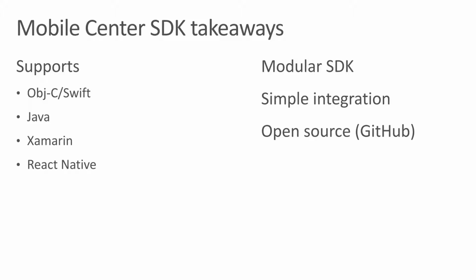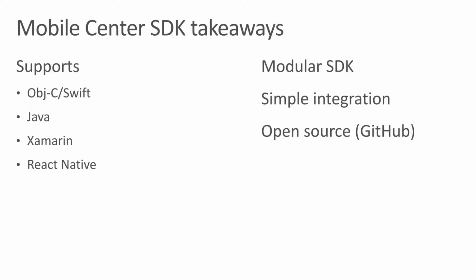Now, to wrap this up, let's look at the main takeaways for Mobile Center SDK. We have SDKs available on a wide variety of platforms. If your application is in iOS, either in Objective-C or Swift, in Android, in Xamarin or React Native, just go and easily integrate our SDKs.